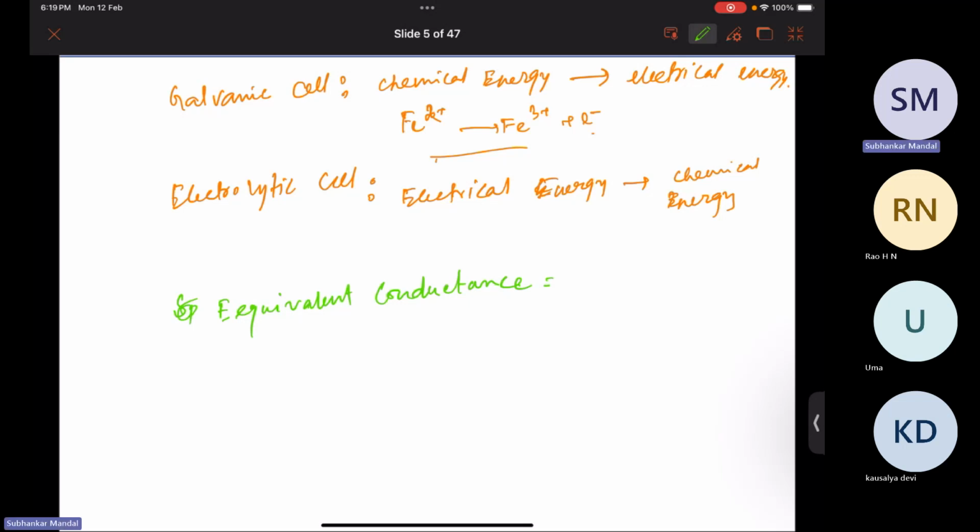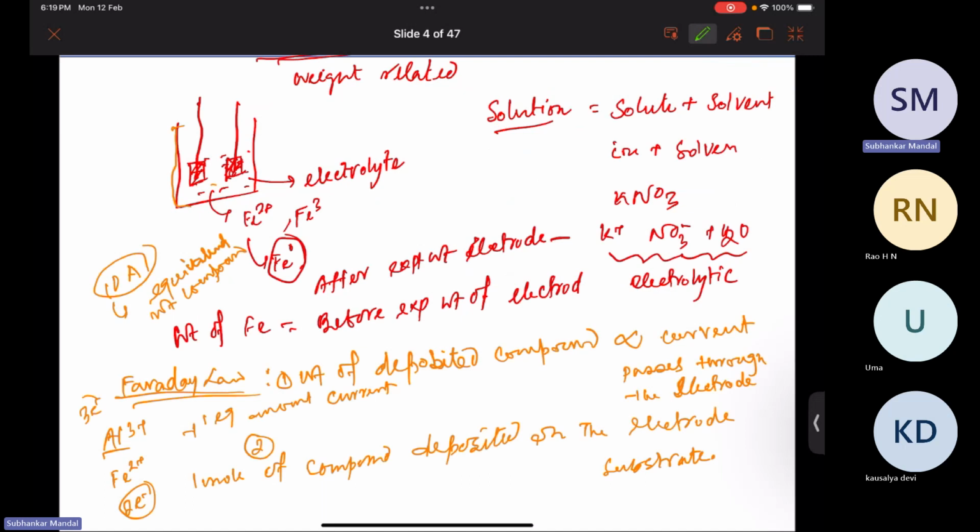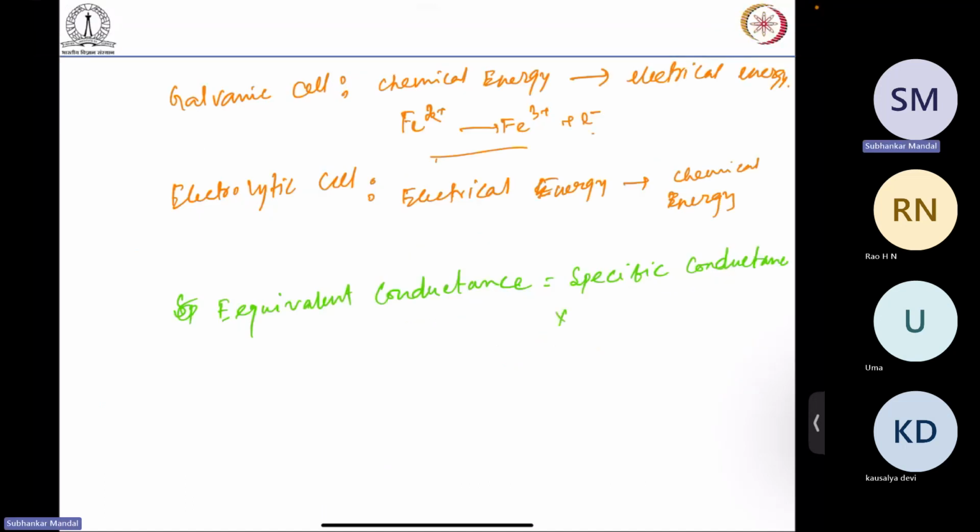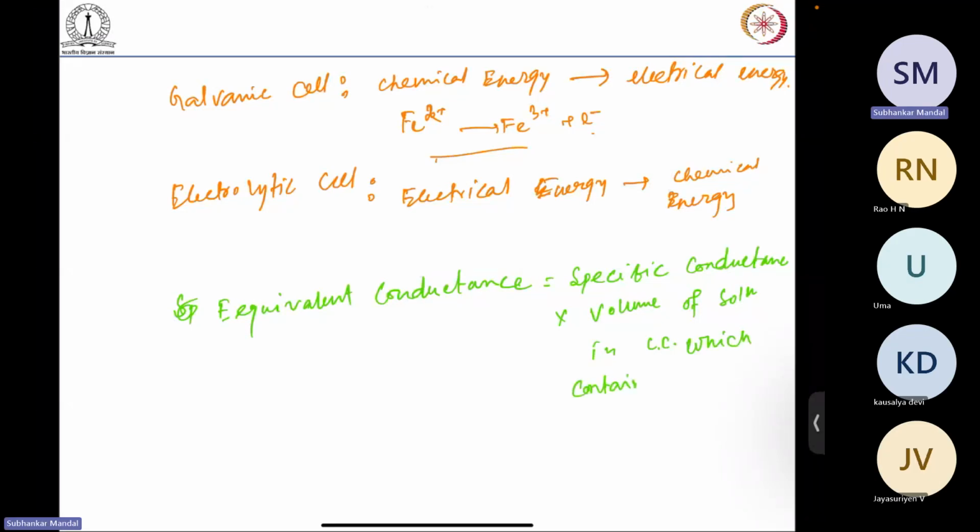One can unmute or write in the chat box. Equivalent conductance is basically the specific conductance multiplied by the volume of solution in cc which contains 1 gram equivalent of solute or electrolyte.